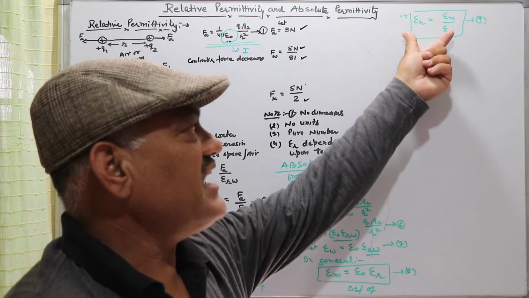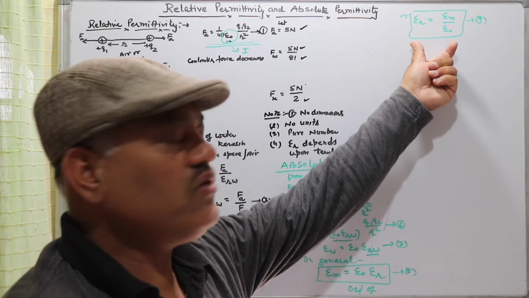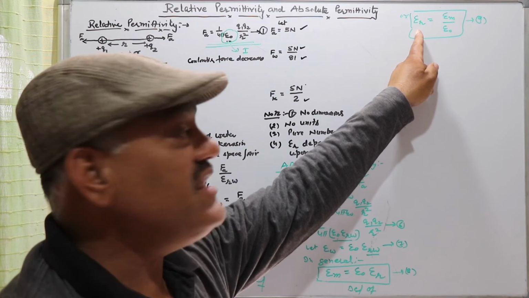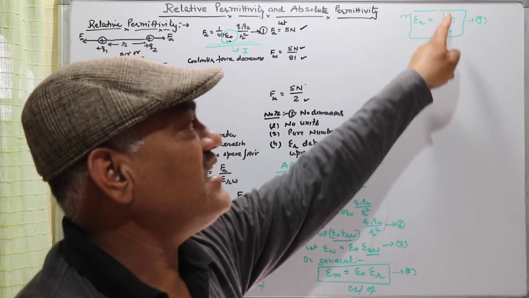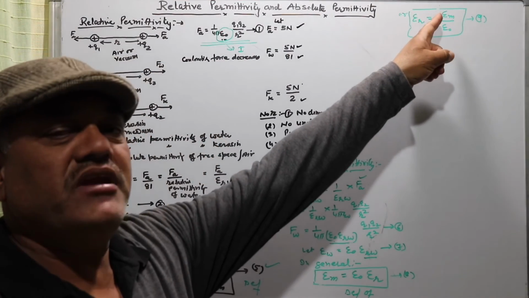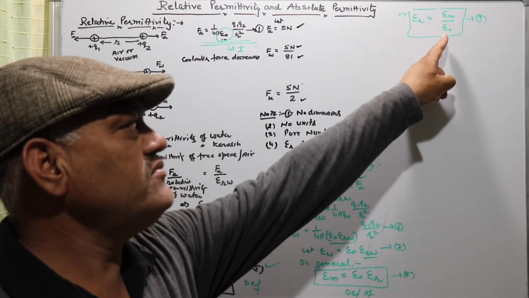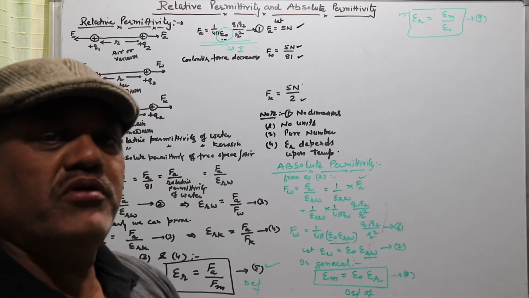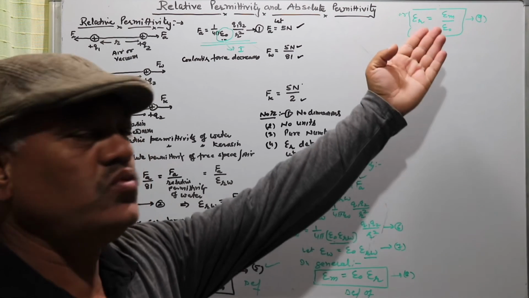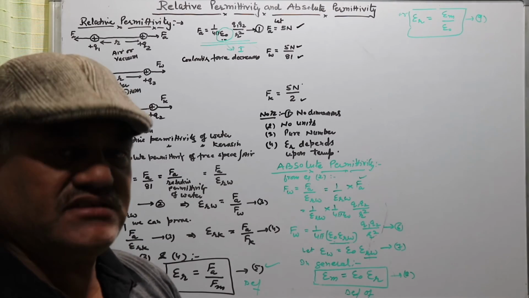So the second definition, according to this definition, the relative permittivity of a medium is defined as the ratio of the absolute permittivity of the medium to the absolute permittivity of the free space in which the two charges are placed.